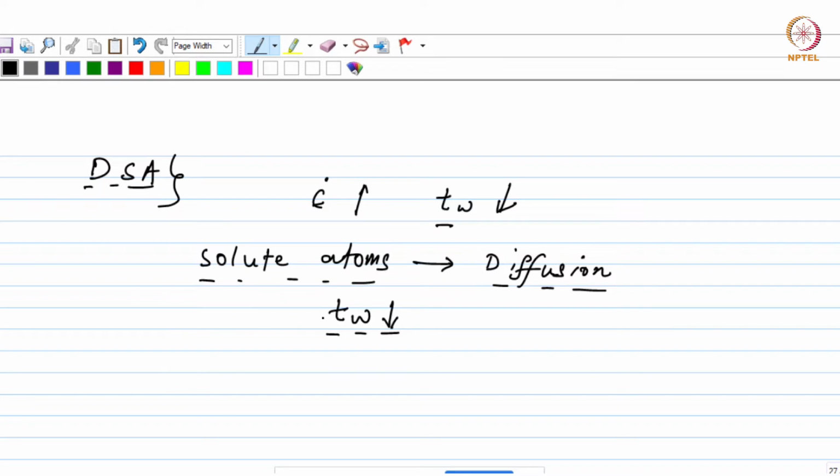So as strain rate increases, leading to a decrease in the waiting time TW, the solute atoms will find it difficult to catch the dislocations.